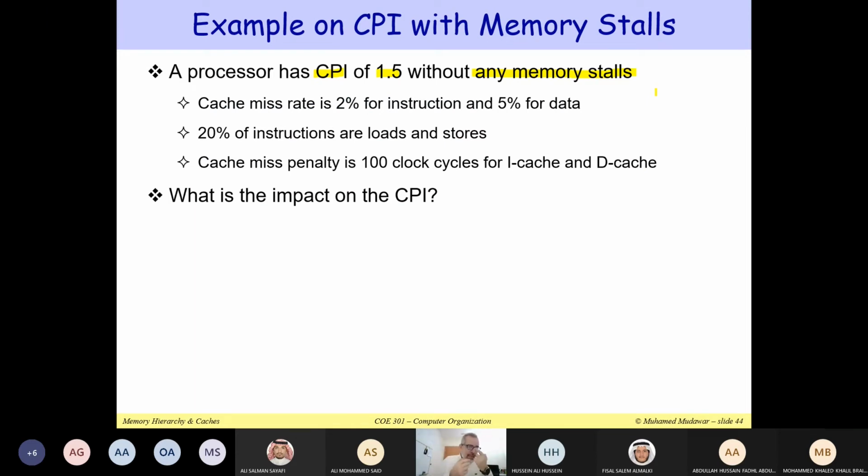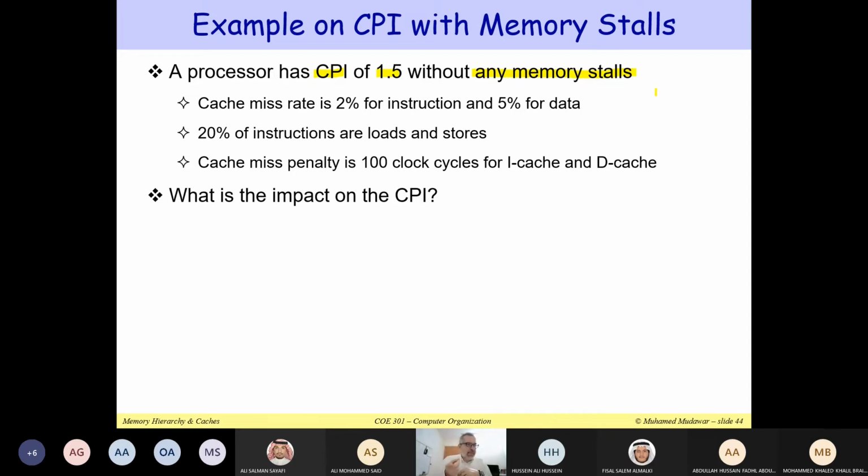Now the CPI here is greater than 1. It's 1.5 because we still have hazards, like data hazards and control hazards, and therefore sometimes we waste some clock cycles. We lose some clock cycles because we have to stall the CPU, or introduce bubbles, or in the case of control hazards, like when we have branches.